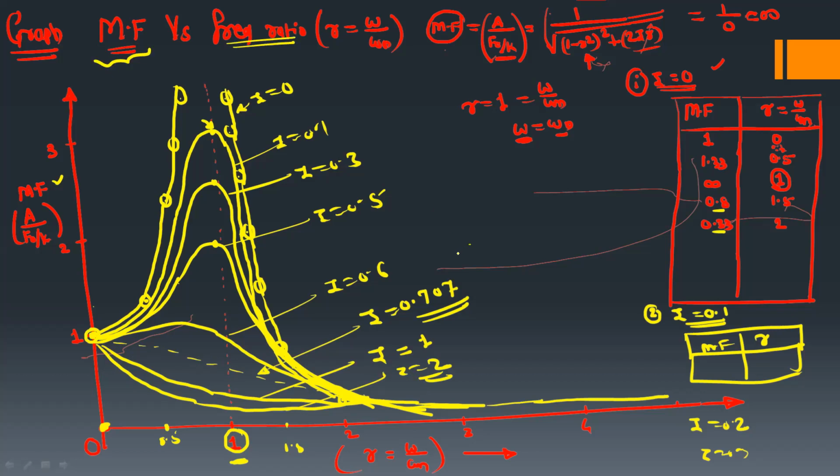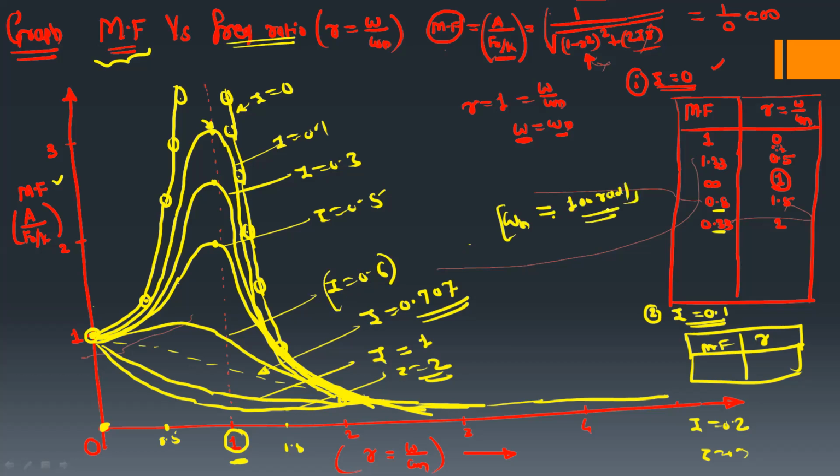So if you want to control the displacement of the mass to a specified value, then by using this graph, you can select what value of damping is required. Okay. Suppose we have the natural frequency, let us take this as 100 radian per second.